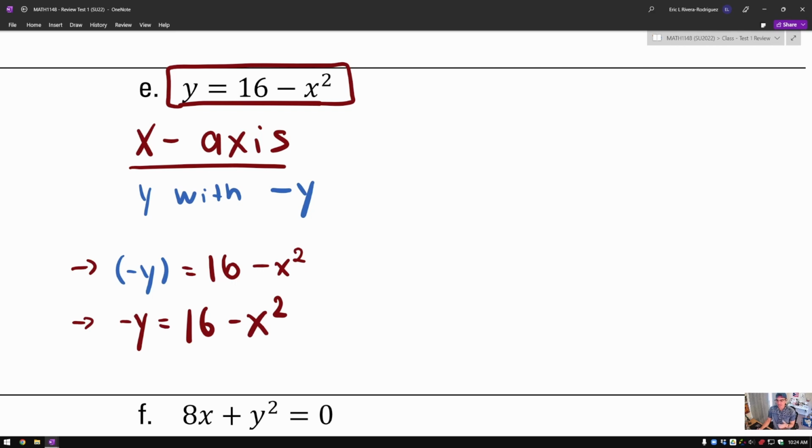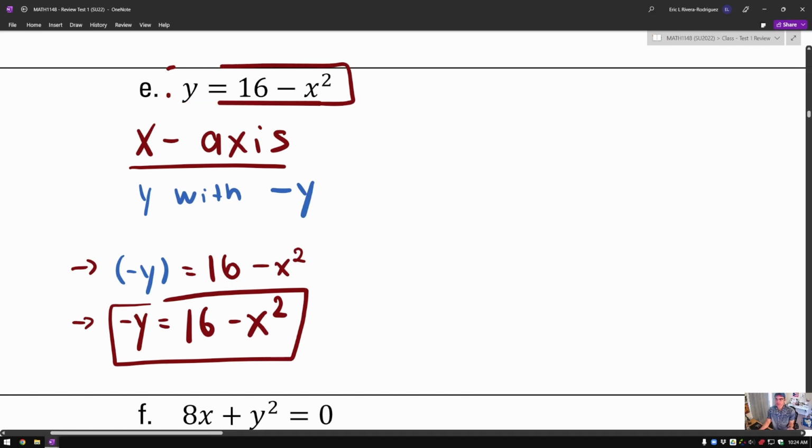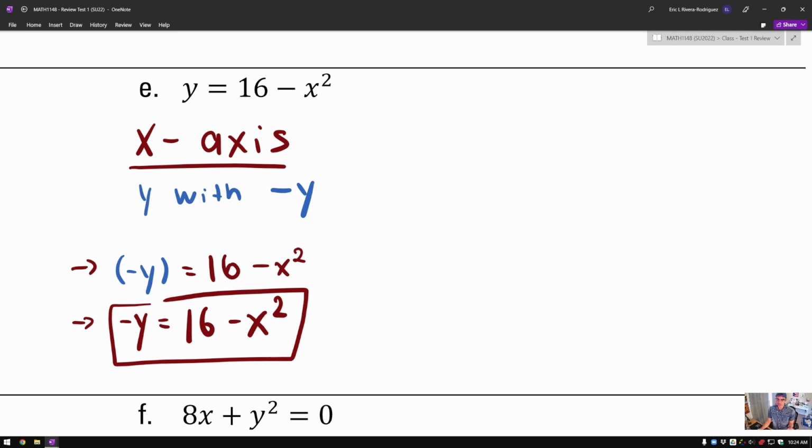After that, there's nothing more to do. So let's compare our result with the original equation. Do we have the same result as in the original equation? Let me know in the chat or just unmute yourself and tell me if these two equations are the same or not.